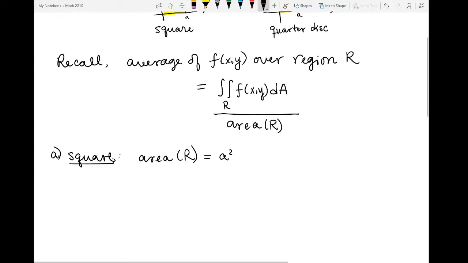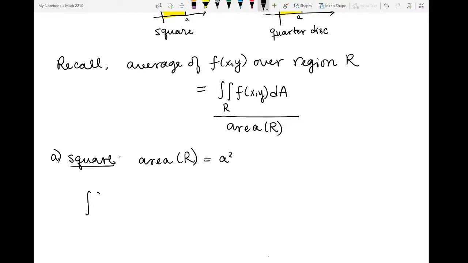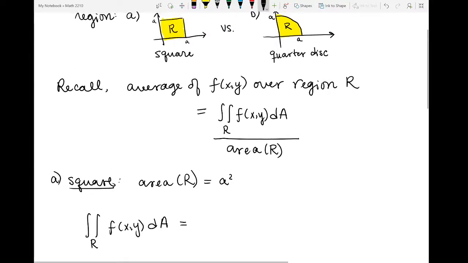Now we need to compute this integral. So we need to integrate over the square the function f of x, y with respect to this area. Well, let's think about how we can set this up. Let's just make it easy and do Cartesian coordinates.